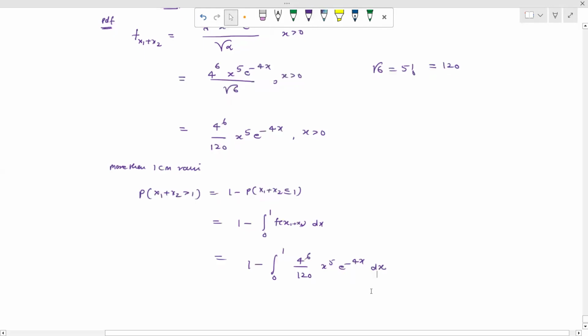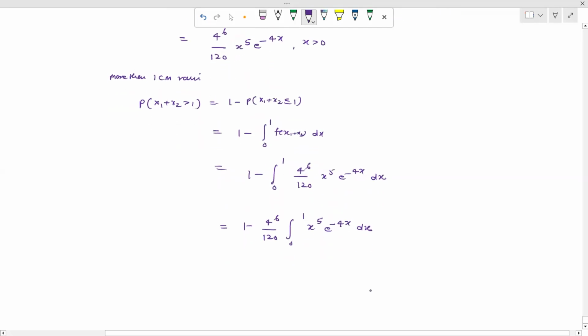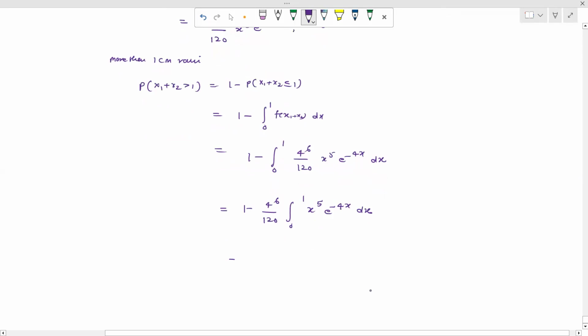Again we use the same formula to solve this integration. You can solve the integration, and the value is 4 raised to the power 6 upon 120, integral 0 to 1 of x raised to the power 5 e raised to the power minus 4x dx. Try to solve this. The answer will be 0.785.